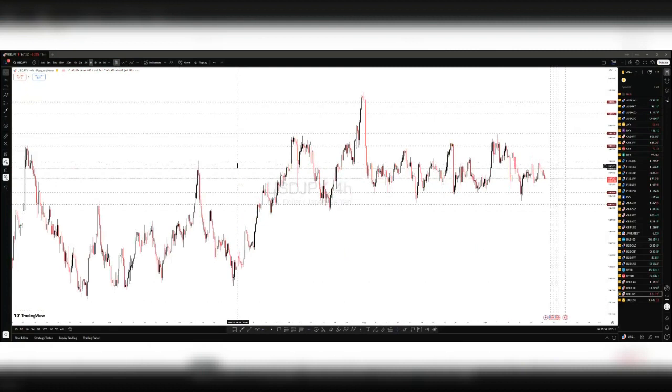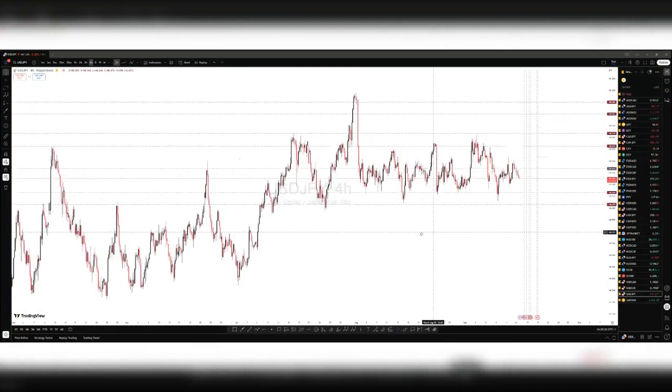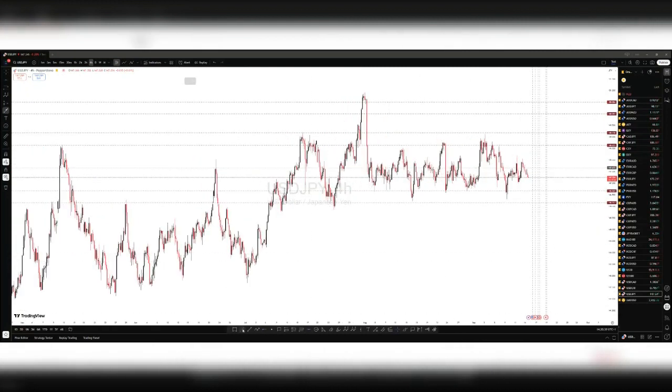So when you come to the 4 hours time frame, you would see something clearly. The most recent major move was this bullish break of structure, which originated from this area of demand.